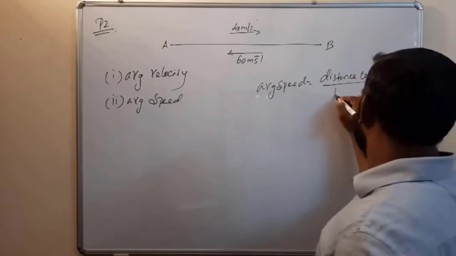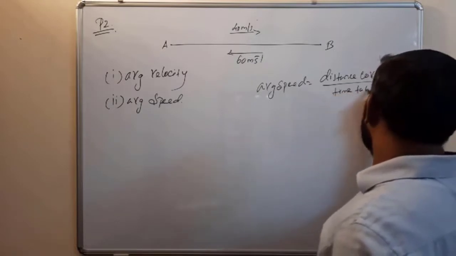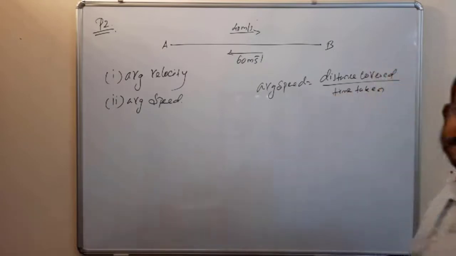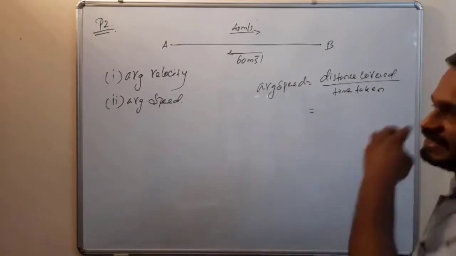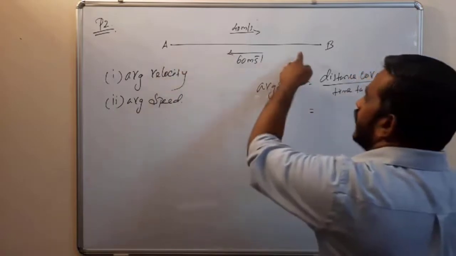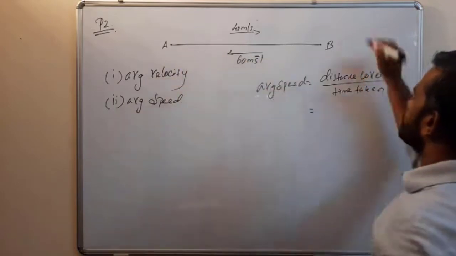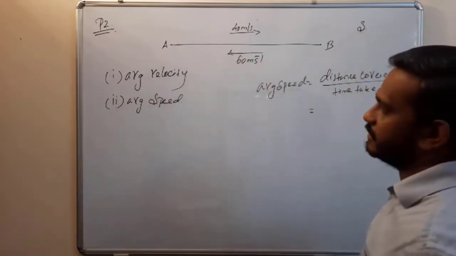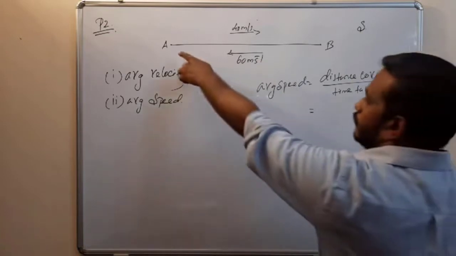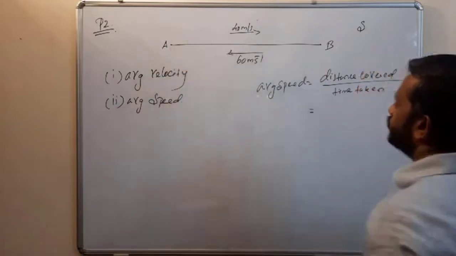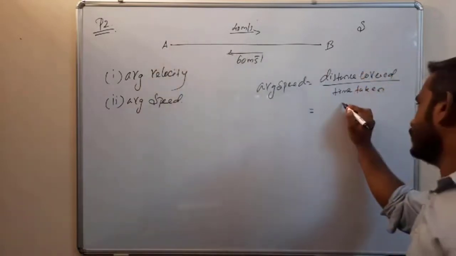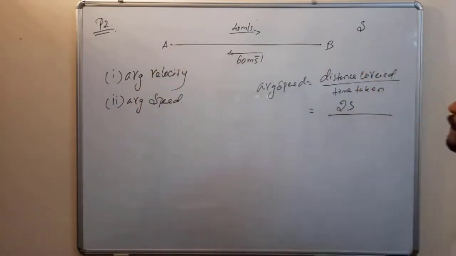Distance covered by time taken. So that's equal to distance covered from A to B. I am considering this distance as S. So from A to B it travels and again it goes back to the point A. So the total distance covered is 2s.